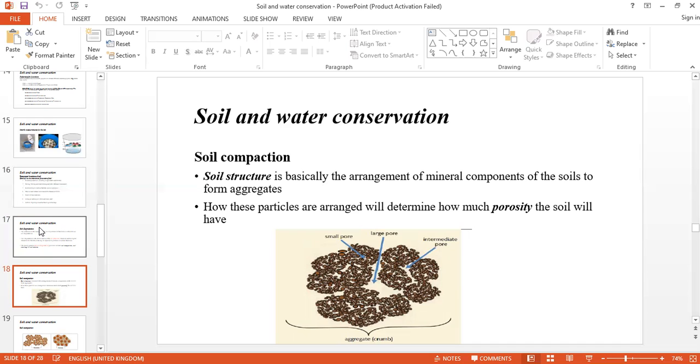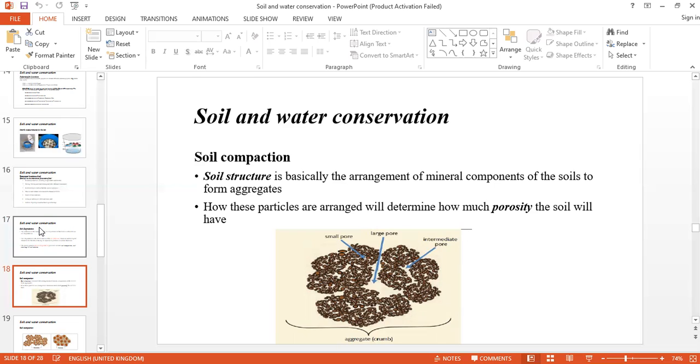Before we define soil compaction, we would need to understand the concept of soil structure. Soil structure is the arrangement of soil particles to form an aggregate.